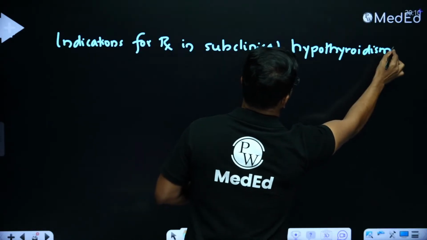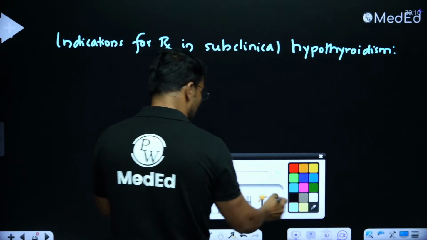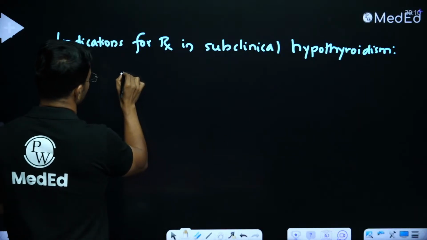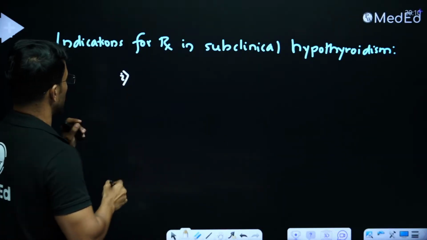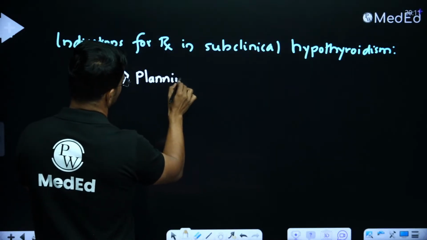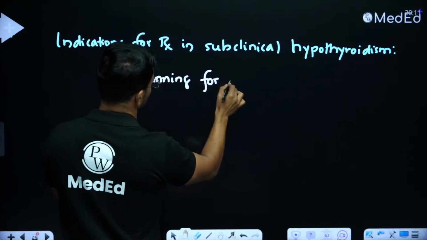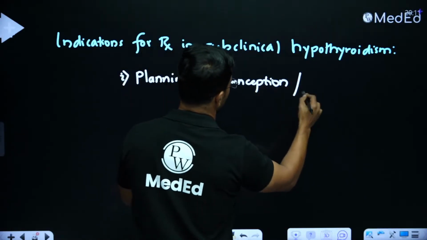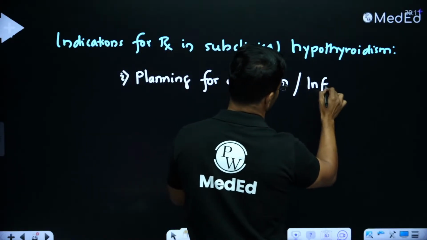The patient is not having cold intolerance or any of the classical symptoms of hypothyroidism, still we will start thyroid hormone replacement. The first indication is planning for conception or as part of infertility treatment.